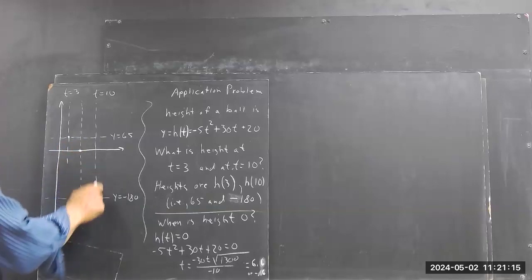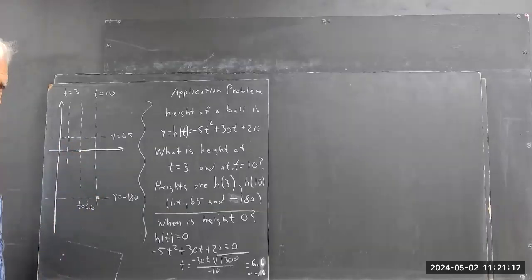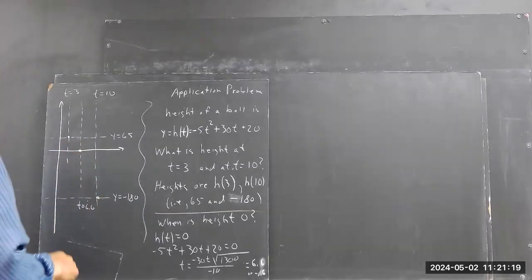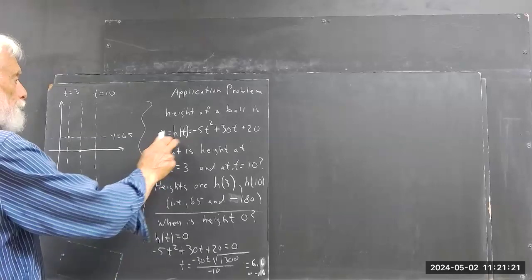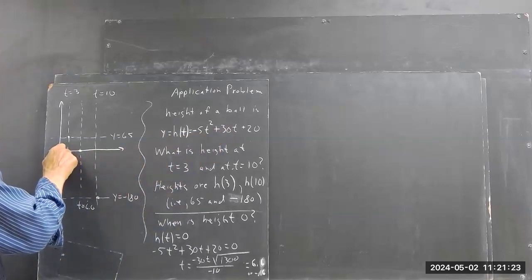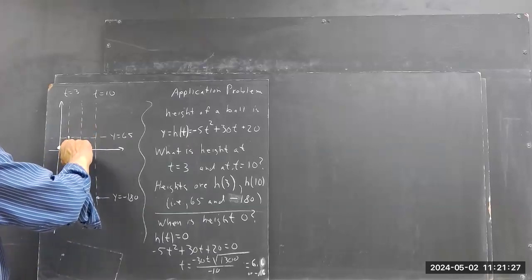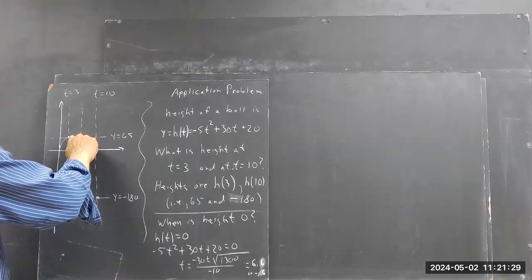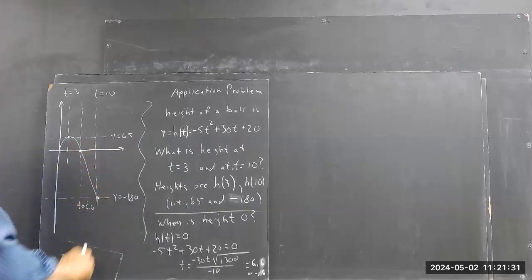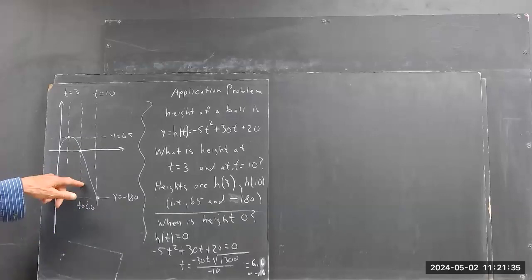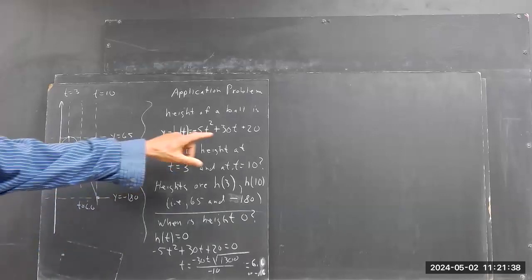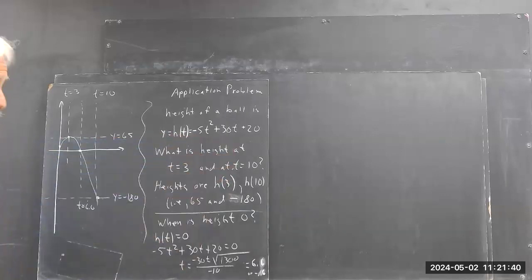So we've got 3 points on this graph. Okay. We've actually got 4 points because if t equals 0, y equals 20. So somehow this thing is going up, reaches the top, and comes down. And that's the graph. The graph has to be a parabola because this function is quadratic.